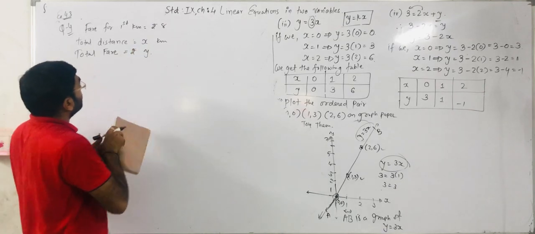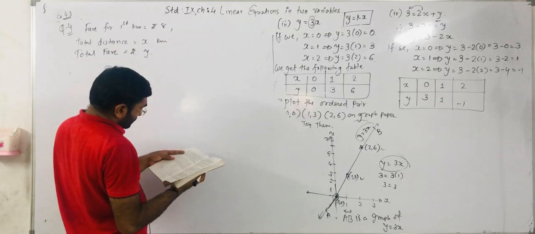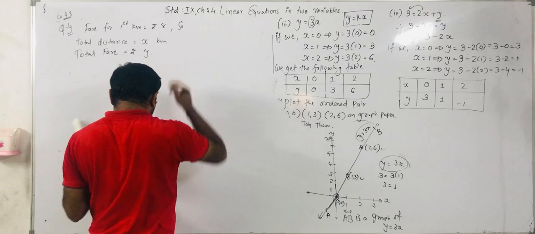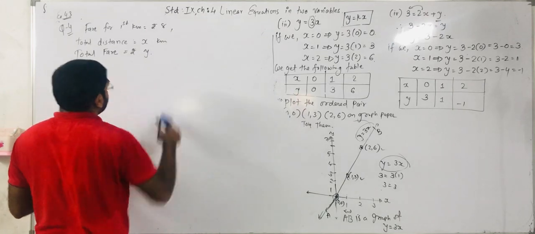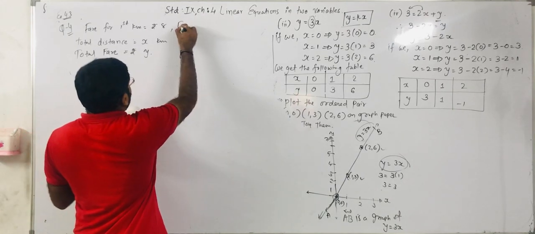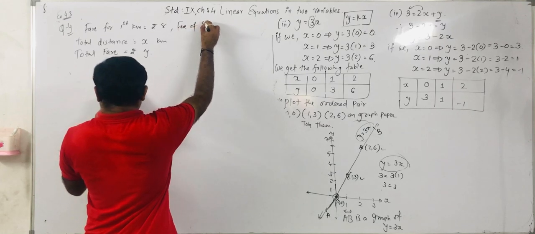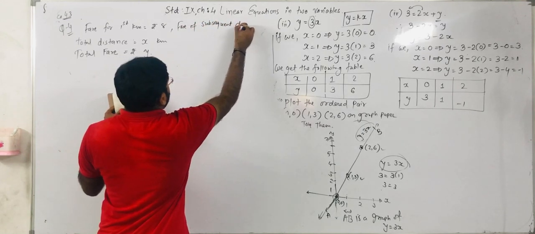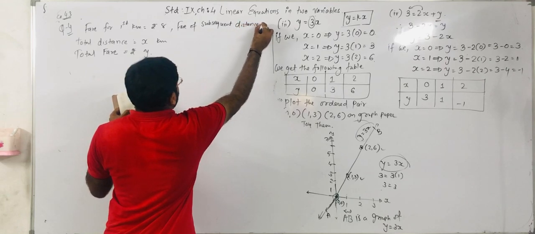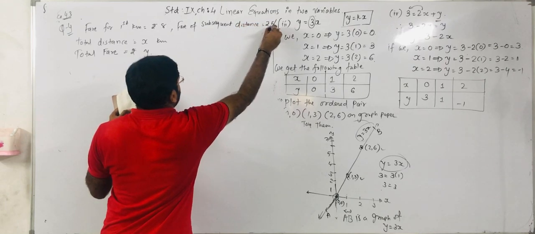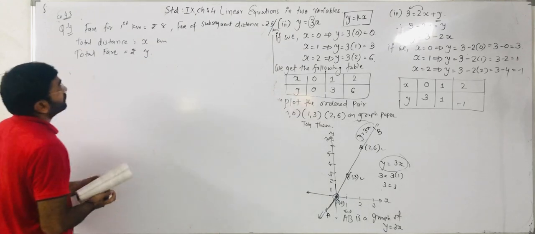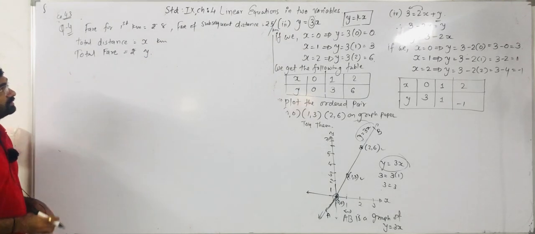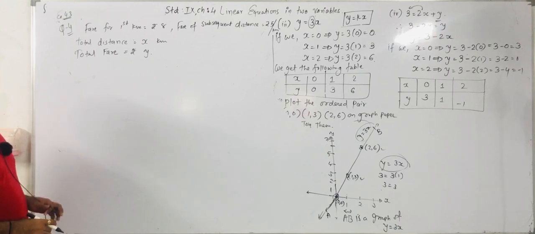And another thing is given, the fare of subsequent distance is rupees 5 per kilometer. Per kilometer you have to pay the 5 rupees. Now we have to make a linear equation, and after that we have to draw the graph.